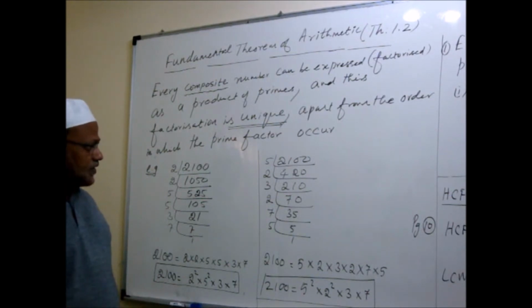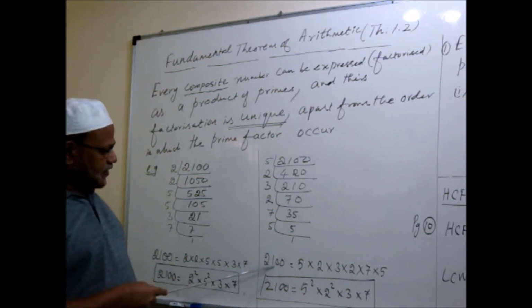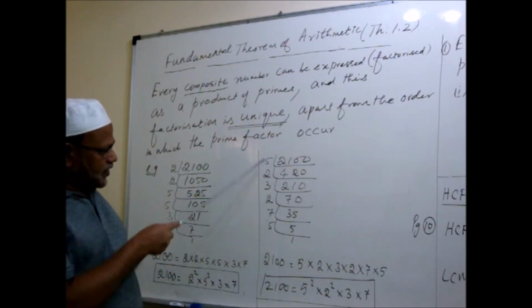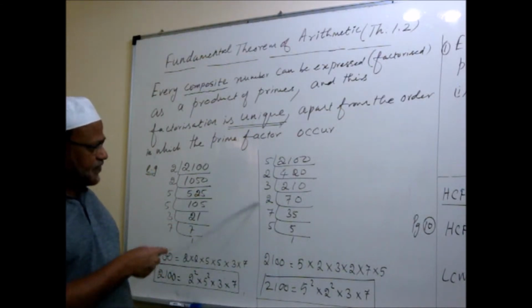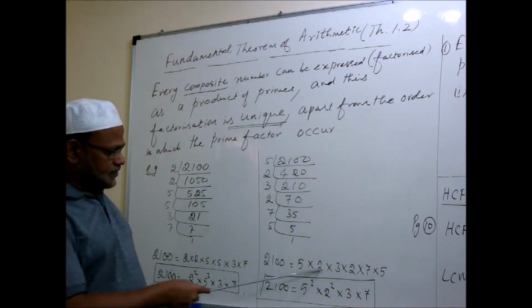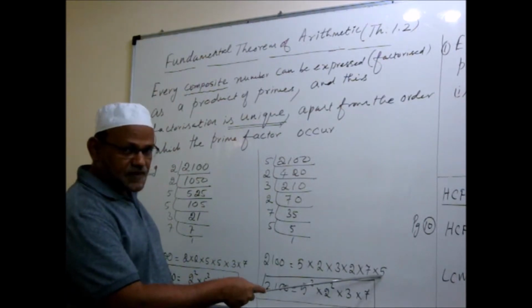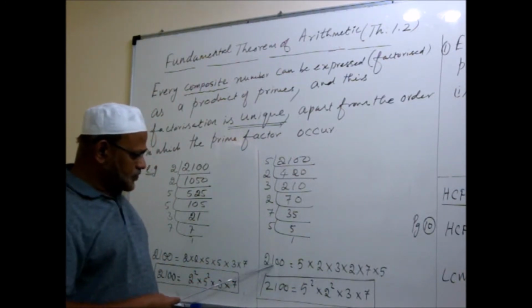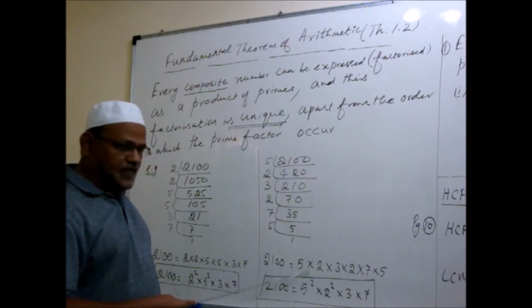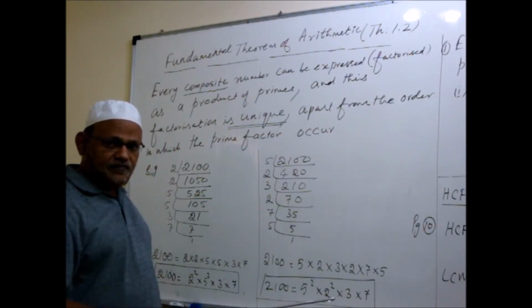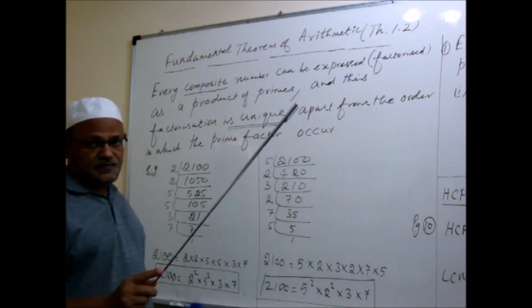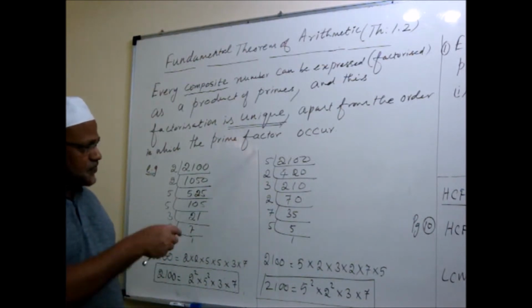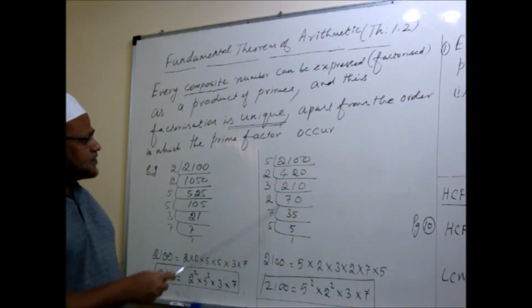Later I write the given number as a product of all those divisors, factors, like this. This is the prime factorization of 2100, expressing the given number as a product of its prime factors. Only prime numbers are used for dividing.